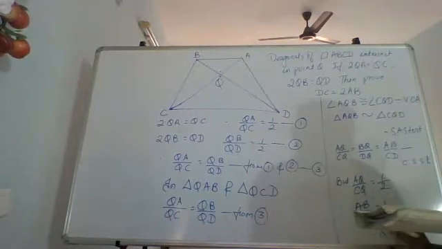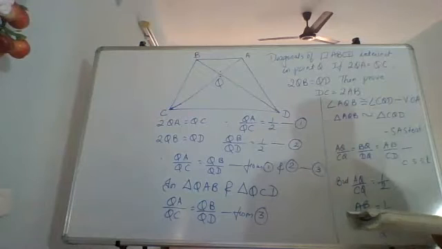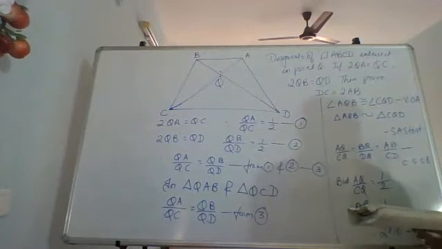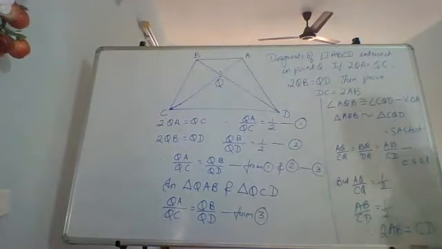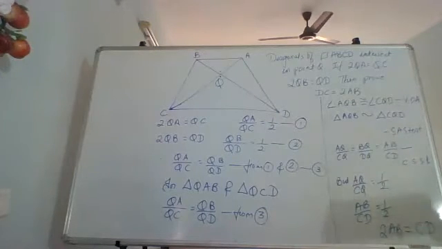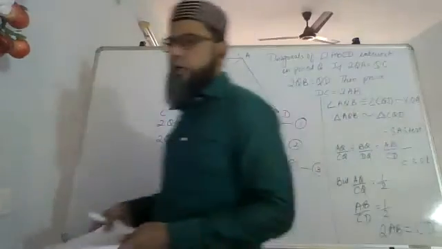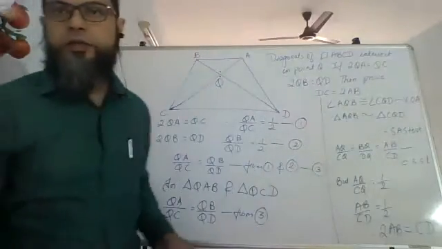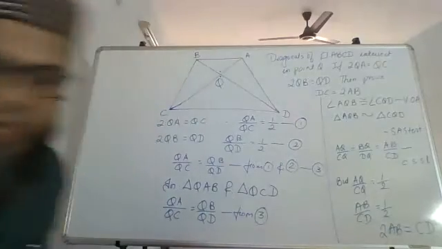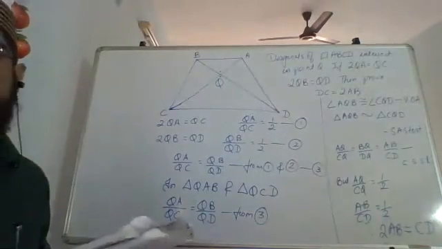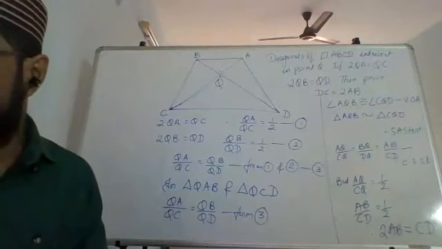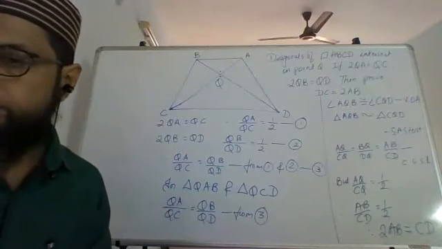Therefore, twice AB equals CD, which is what you have to prove. Copy this. Anything not understood, please ask. If everything is understood, if everybody is finished, then we'll begin with the theorem on the ratios of areas of similar triangles.